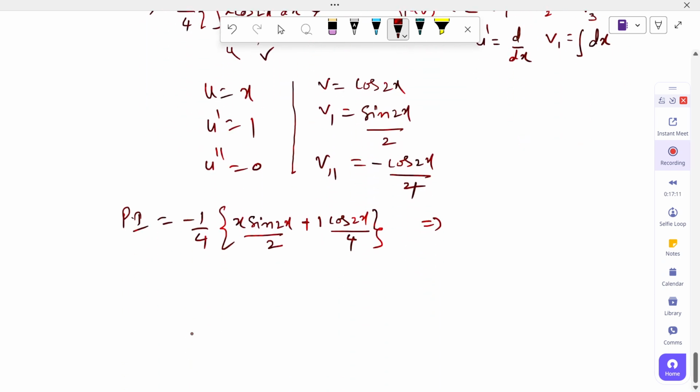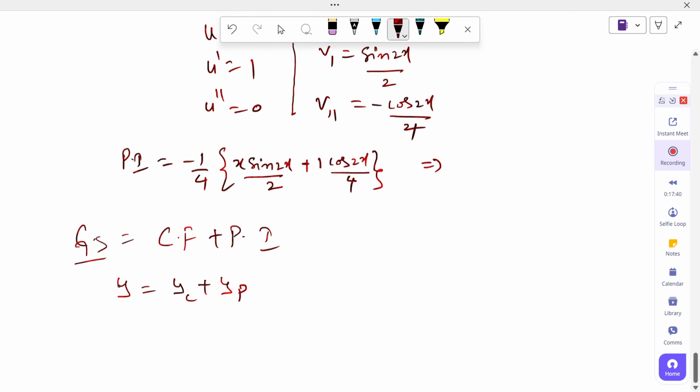Now write your general solution, where y suffix general solution equals complementary function plus particular integral, y equals y suffix c plus y suffix p.